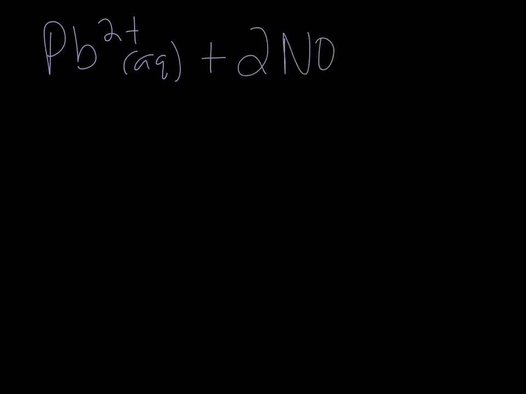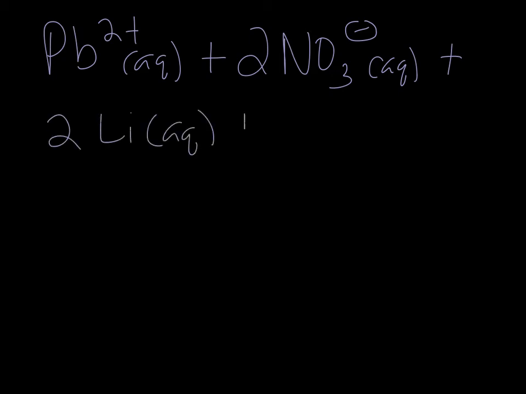The ionic equation for this reaction would look like lead 2 plus aqueous plus 2 nitrate ions that are aqueous plus 2 lithium ions that are aqueous plus 2 iodide ions that are aqueous. Those are my reactants, and my reactants are all ionic compounds that were in the aqueous form, so they dissociate into their individual ions.